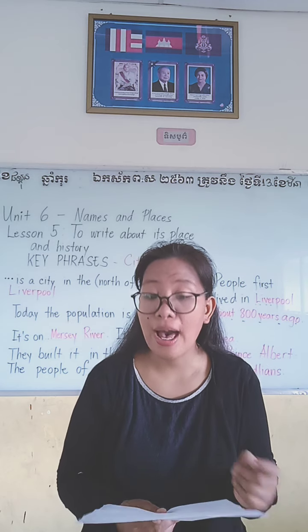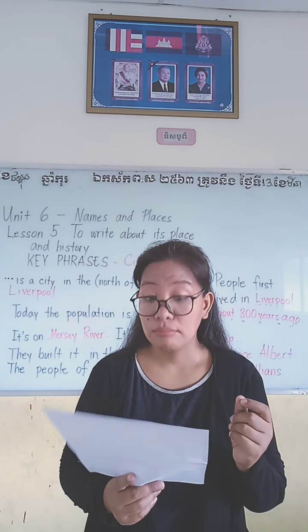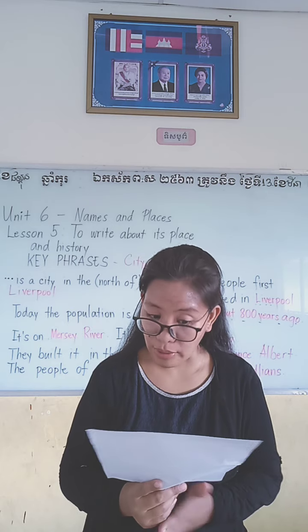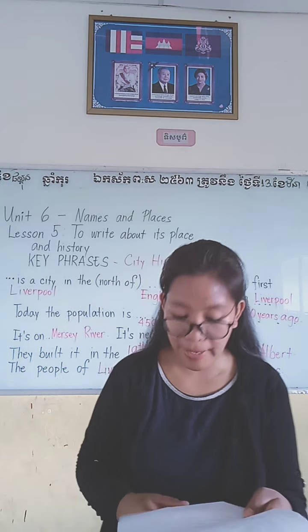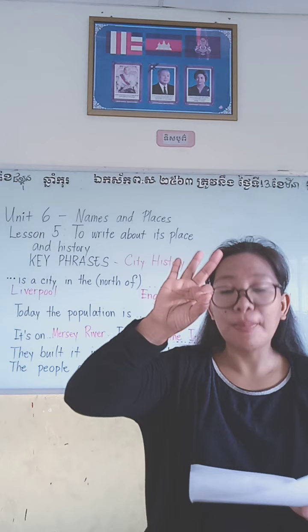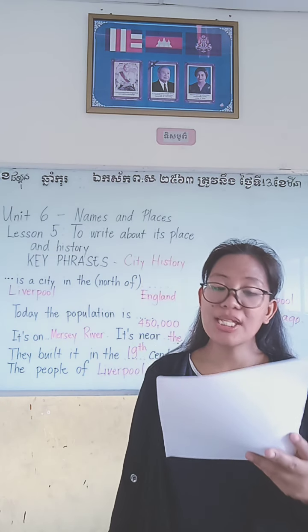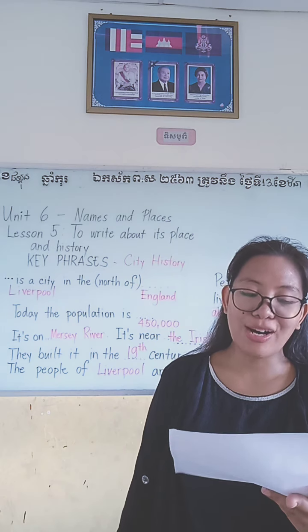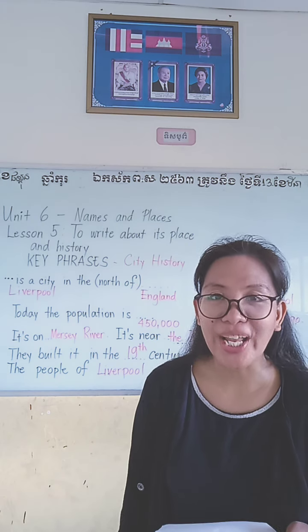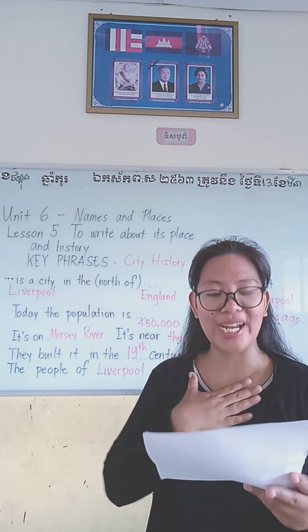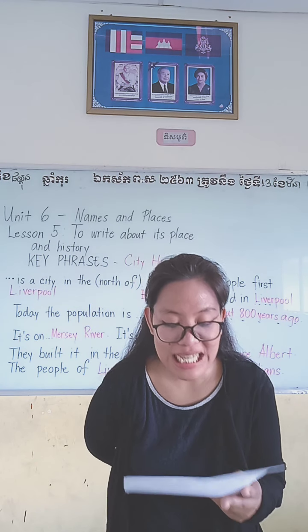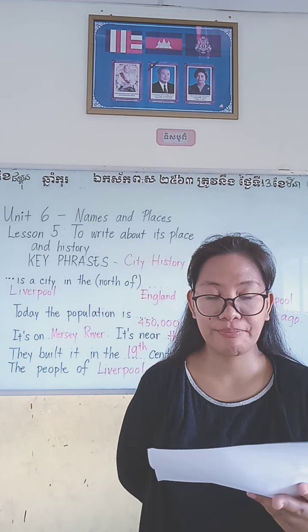So now if you have your homework number 3, you can open it on page 3. Page number 3 for homework number 3. Okay, what river is Liverpool on? Again, I will read it again, sorry. What river is Liverpool on?